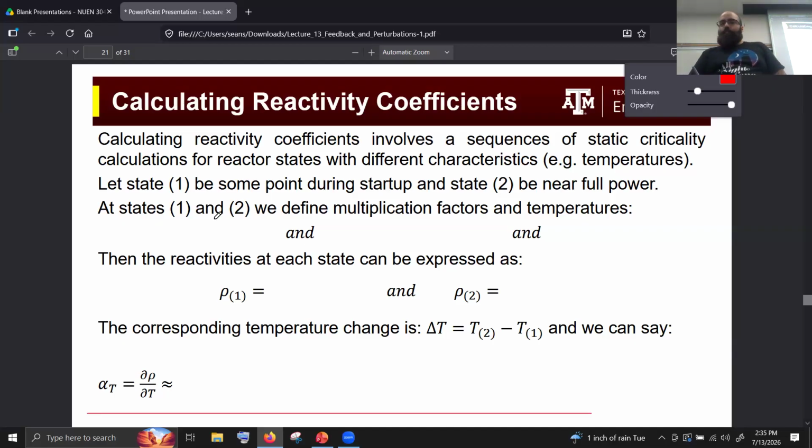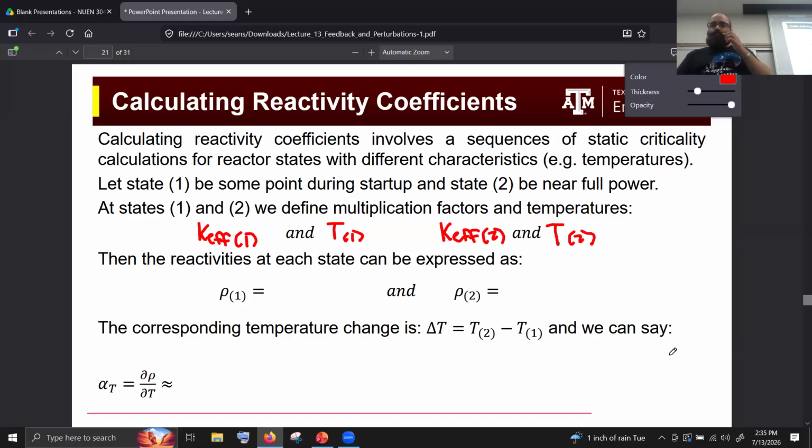We've got some K effective at state one and a temperature at state one. And then at some later state, we have a new value for the K effective. So we've got a K effective at state two and a temperature at state two.